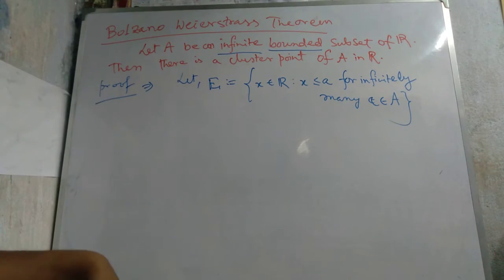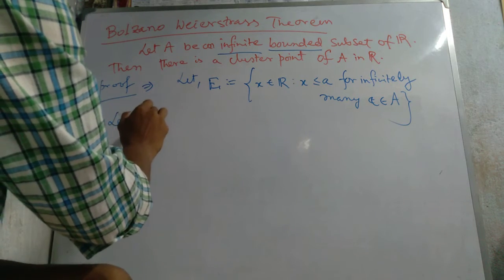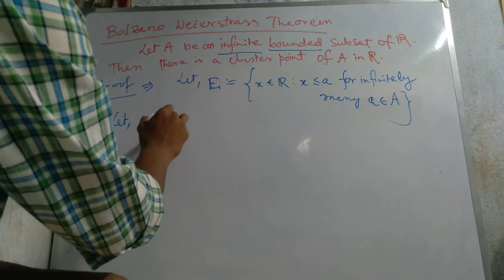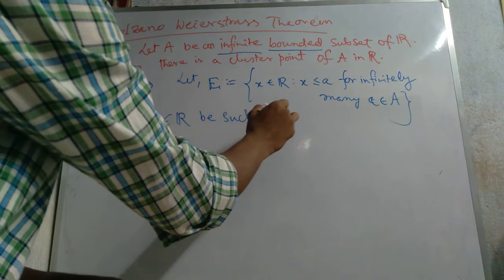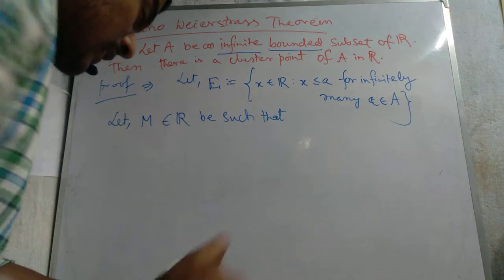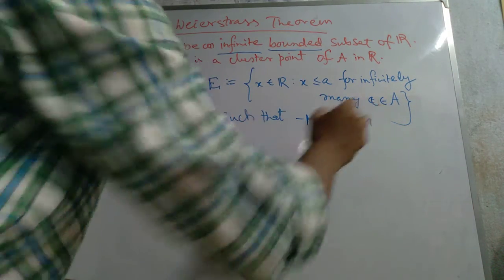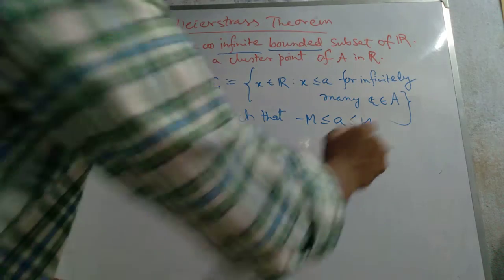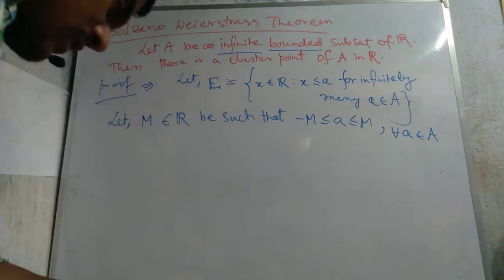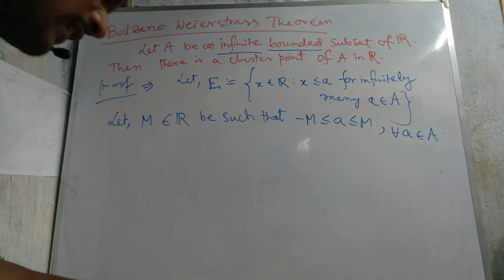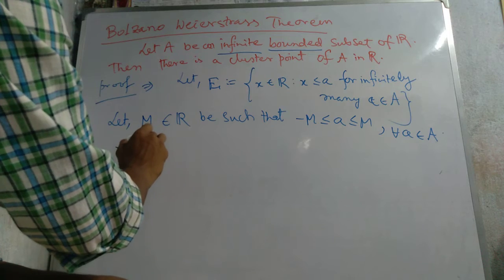Okay, let M belongs to R be such that minus M less than or equal to a less than or equal to M for all a belongs to A. It is obvious that minus M belongs to E.